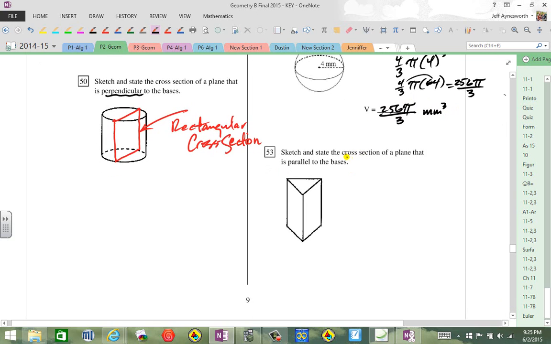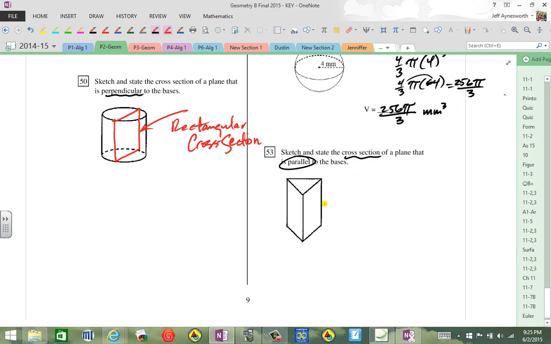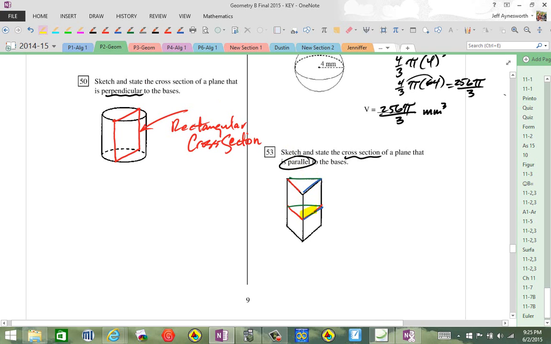Okay, sketch the cross section again. That is parallel to the base. Well, any cross section parallel to the base has the same cross section as the base. So parallel here to here. Look at this. Parallel, parallel, and then the reds are parallel, and then parallel, parallel, right? So the cross section is congruent to the top base or congruent to the bottom base.